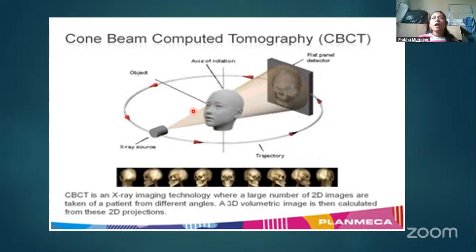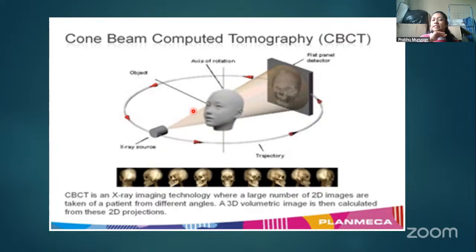But drawback of your, I wouldn't say drawback, because most of the head and neck lesions use CBCT only. One important advantage of CT is that the anatomic structures will be very, very clearly delineated. Nothing can match the efficacy of CT when it comes to diagnosis of osseous structures.